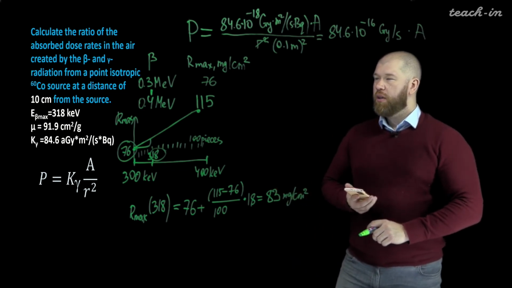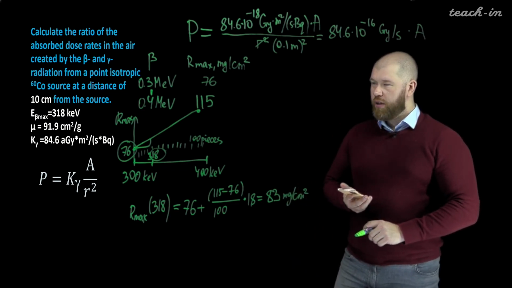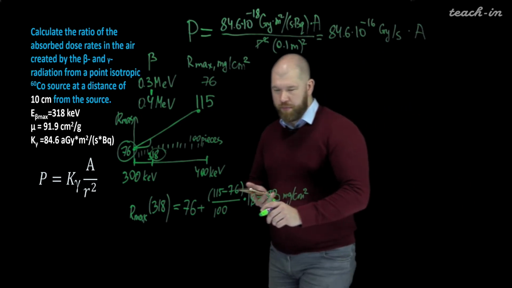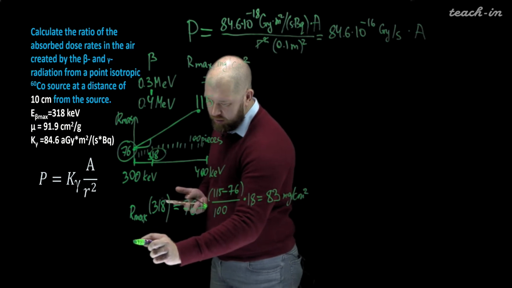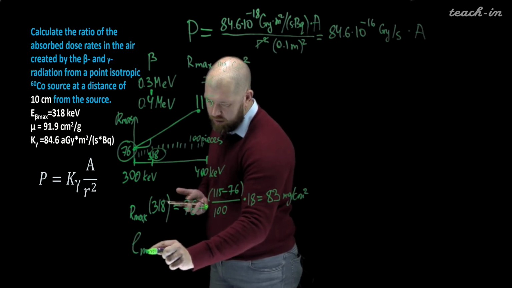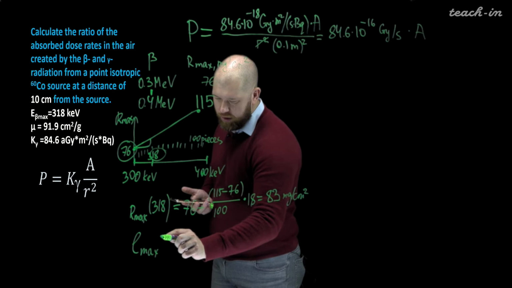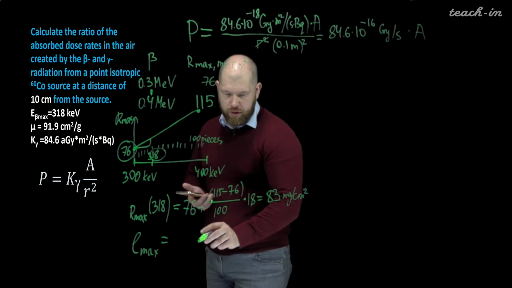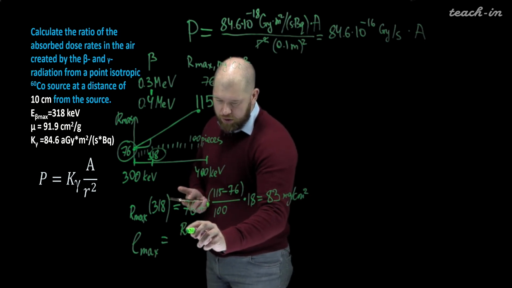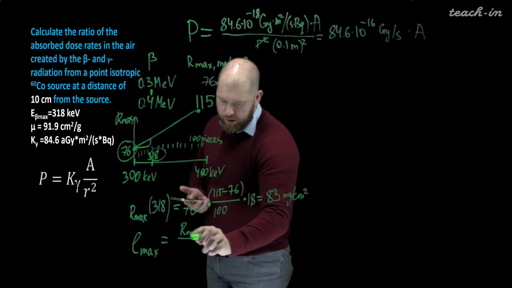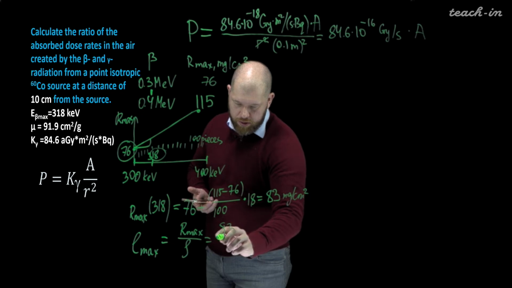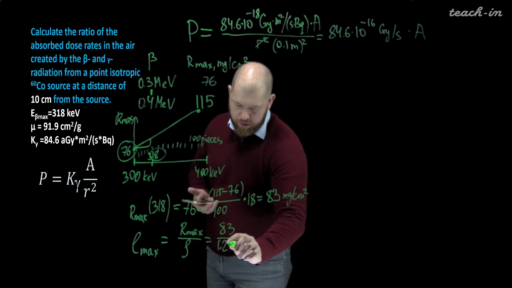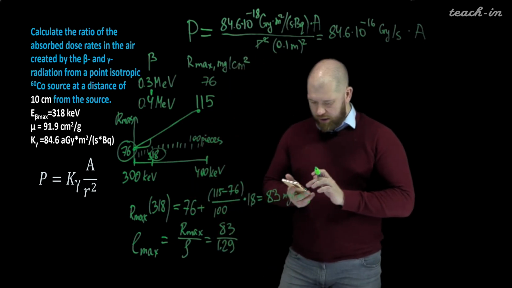Okay. As far as it is air, we can recalculate it to the linear distance or linear range, maximum range. It will be maximum range divided by the density. So it will be 83 divided by 1.29 as far as it is in air.